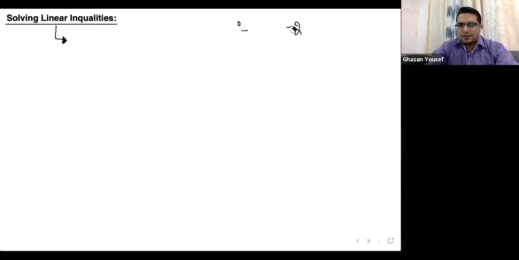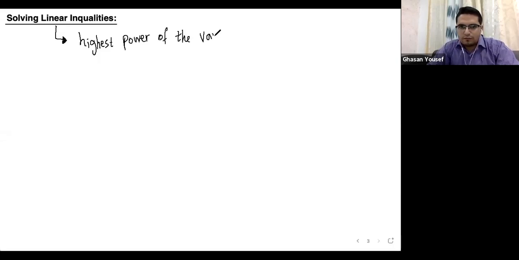So it's a constant, or if the terms have a variable, the highest power is 1. Here I can say the highest power of the variable in the equation or in the inequality is 1.